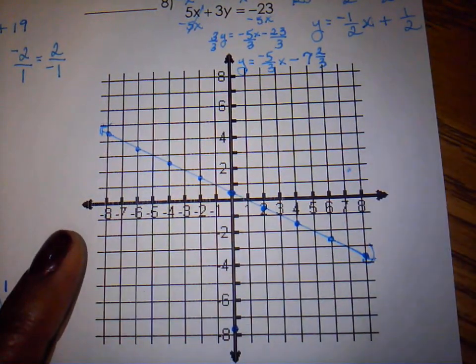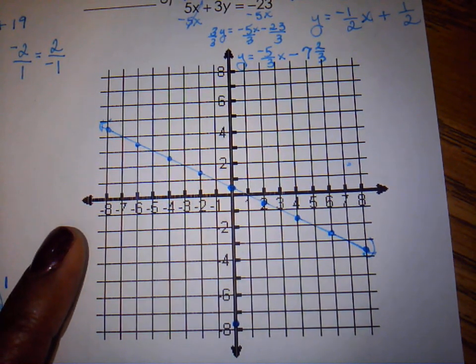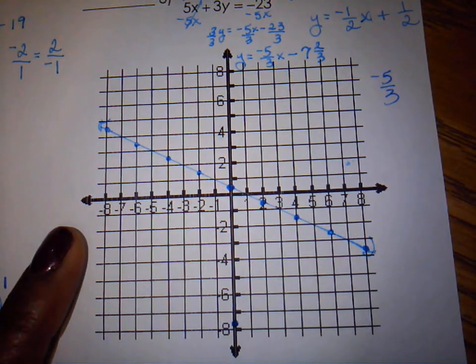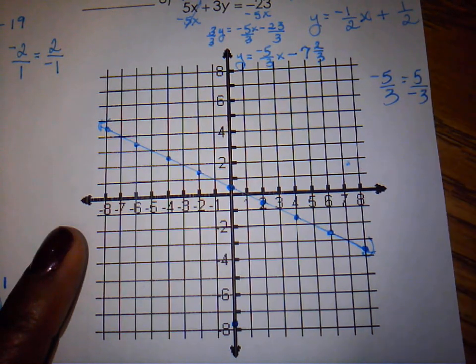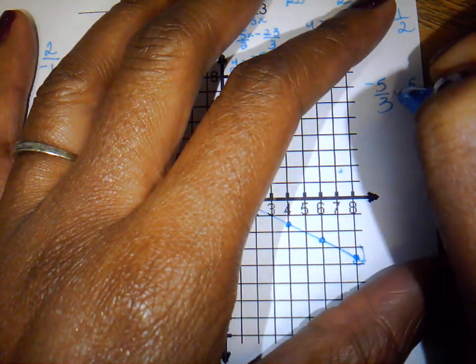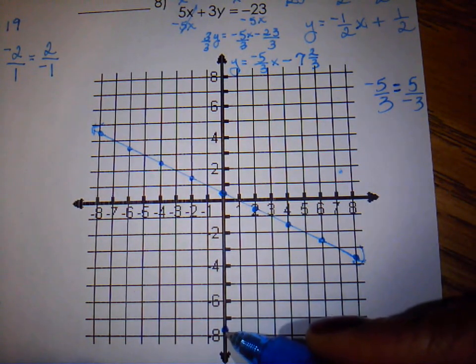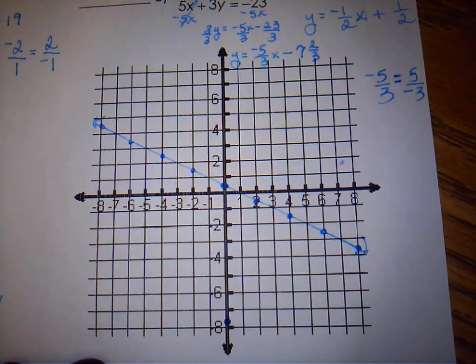So now I'm going to apply my slope, which is what? What's my slope? -5/3. Remember, -5/3 is the same thing as +5 over -3, right? Oh, yeah, that equal sign threw me off, guys. So now, remember, we're in between the lines, and notice I'm closer to the bottom dash, okay?